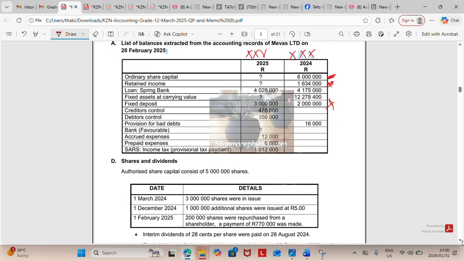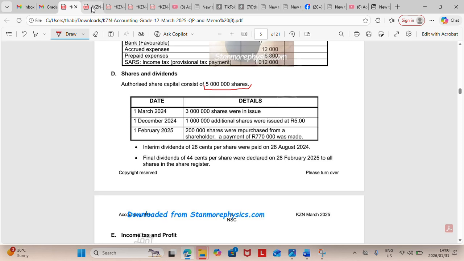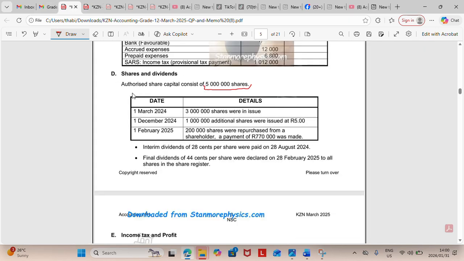We can just go to additional information D. On additional information D, we are told that authorized share capital consists of 5 million shares.